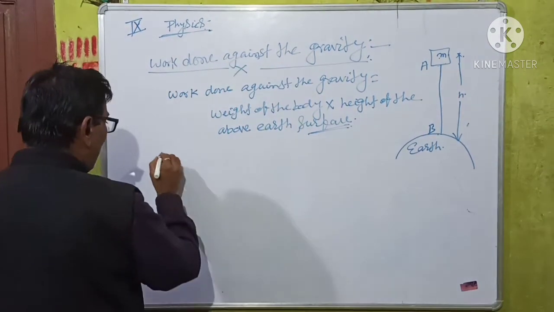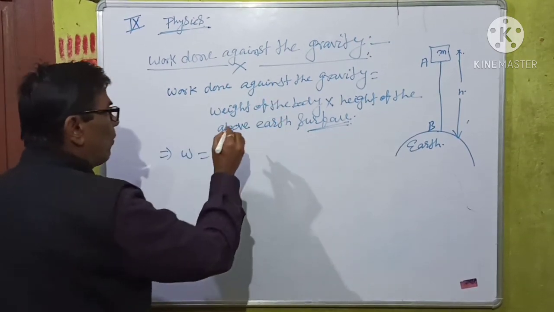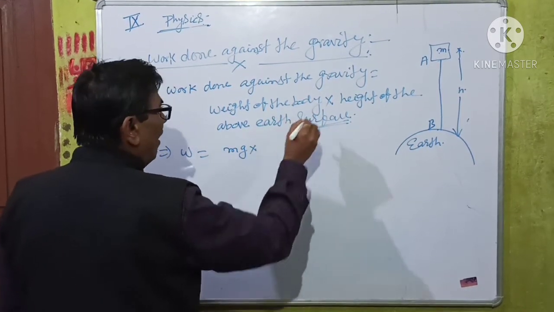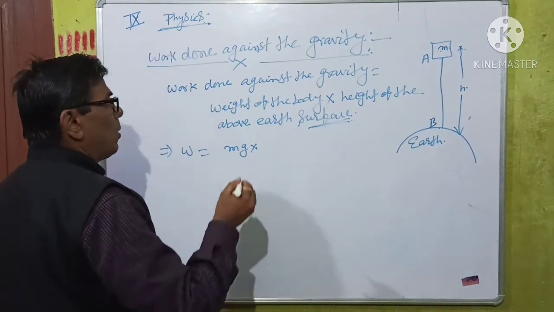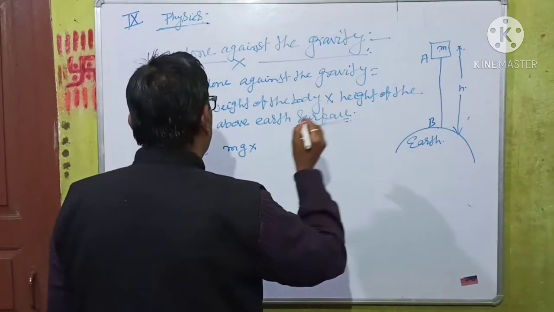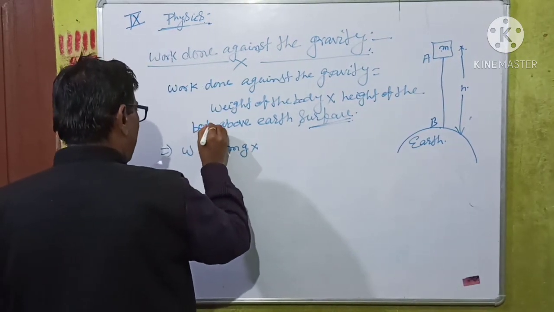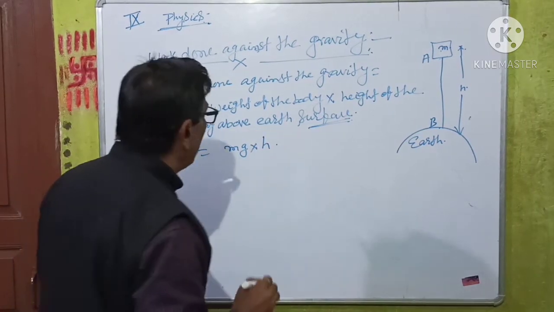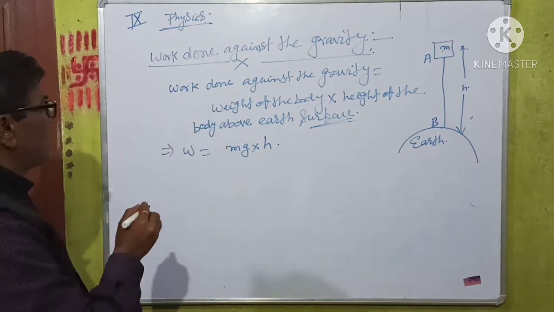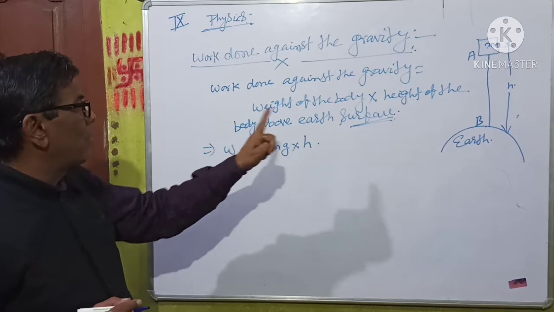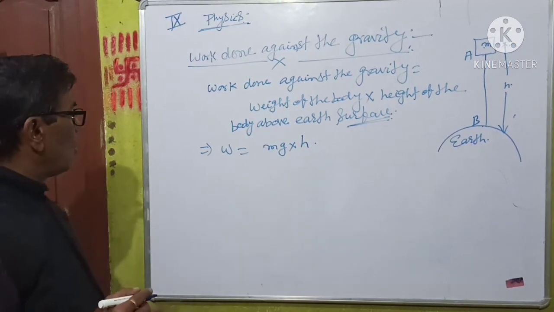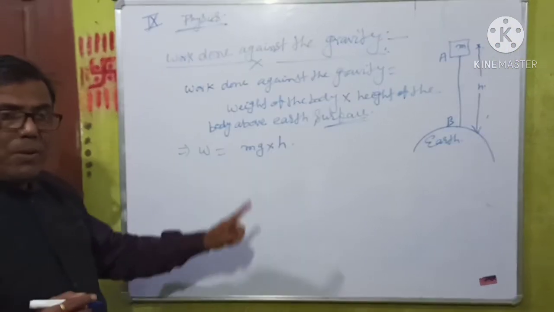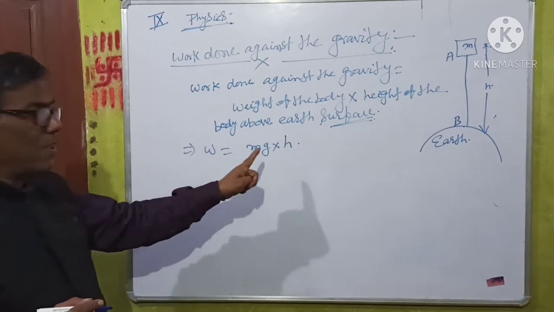So work done against gravity is denoted by W, the weight of the body is denoted by mg, and the height of the body above the earth's surface is denoted by h.